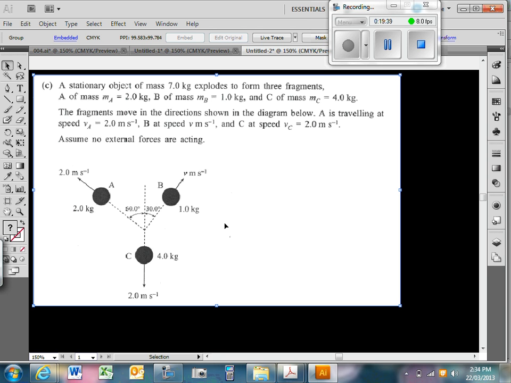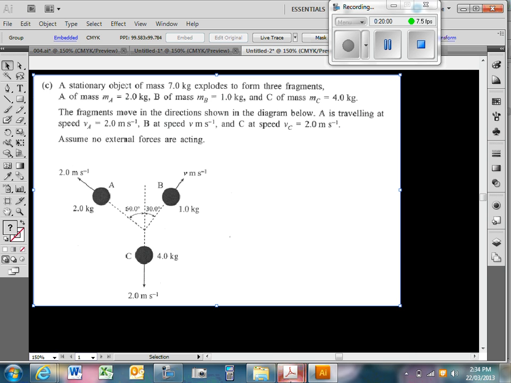A of mass MA 2 kilos, B of mass MB 1 kilo, and C of mass MC 4 kilos. Fragments move in directions shown in the diagram below. A is travelling at speed 2 meters a second, B is travelling at V meters per second, and C is travelling at 2 meters per second. Assume no external forces are acting.